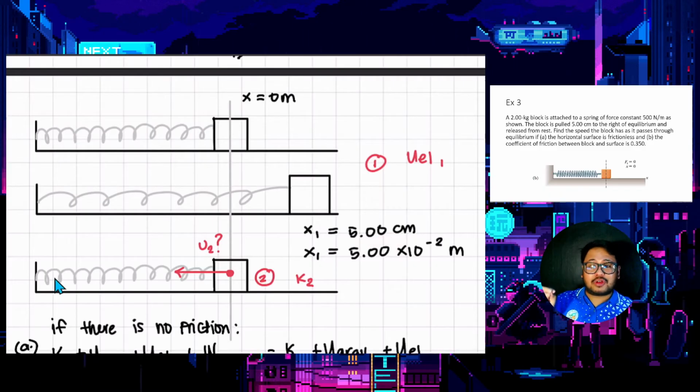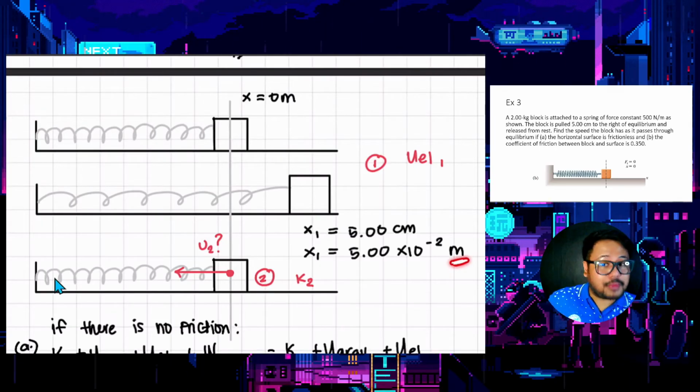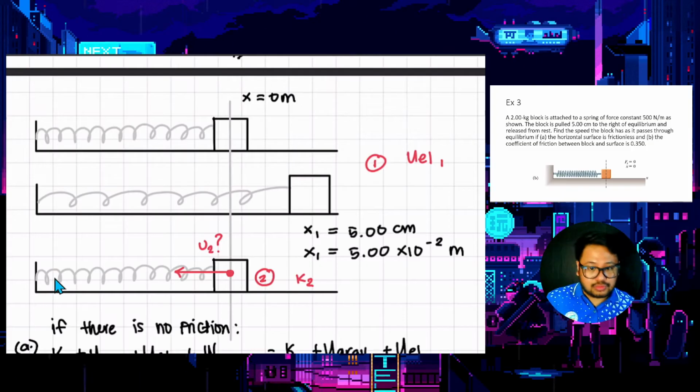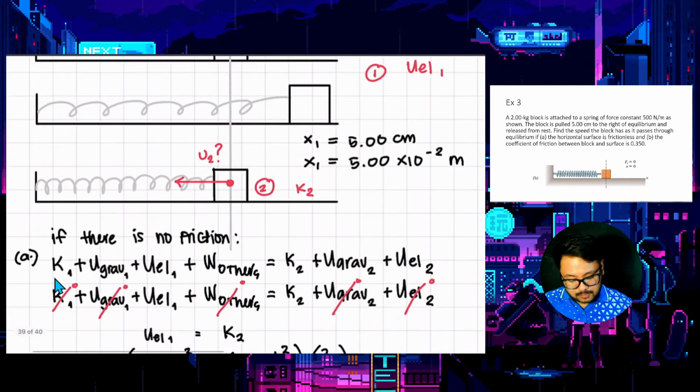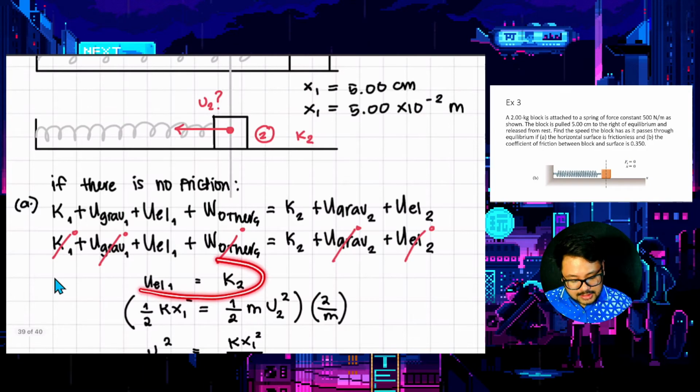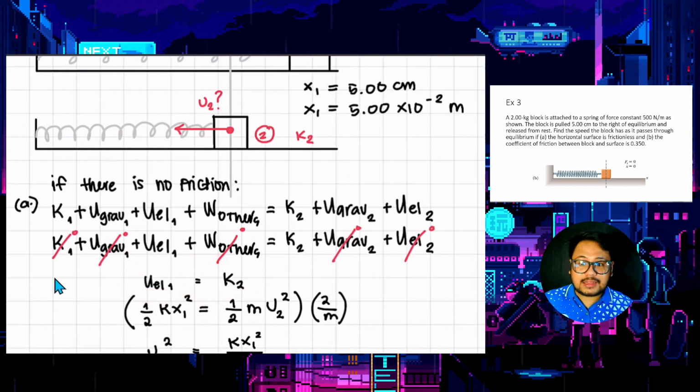Just take a look at your constant k, that's 500 Newton per meter. It is in Newton per meter, so it is understandable that our stretching or compressing distance should also be in meters. So if there is no friction, elastic potential energy is just equal to kinetic energy.